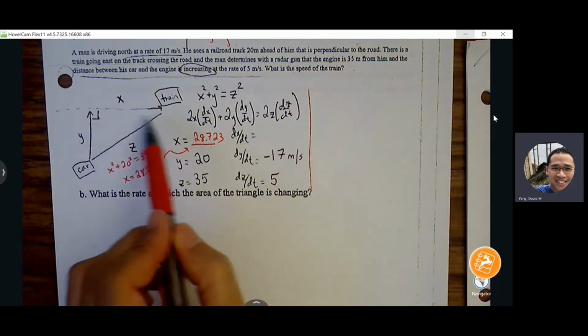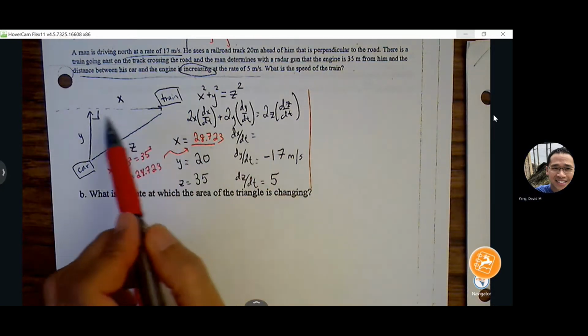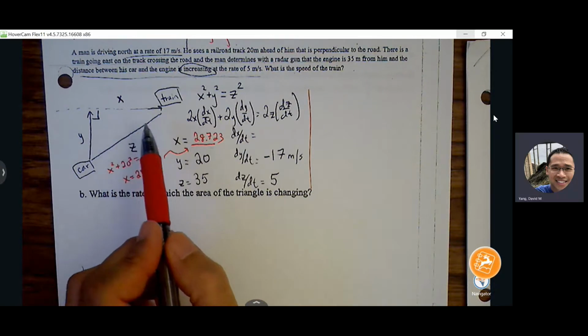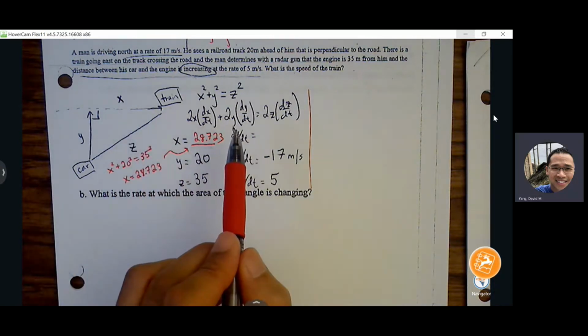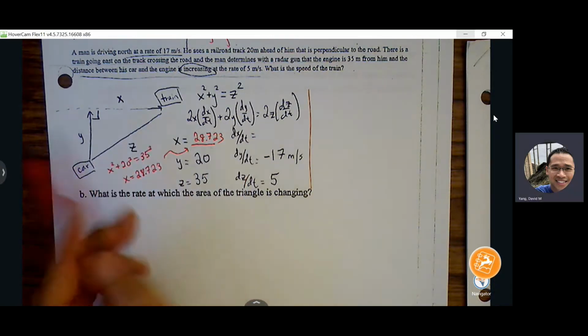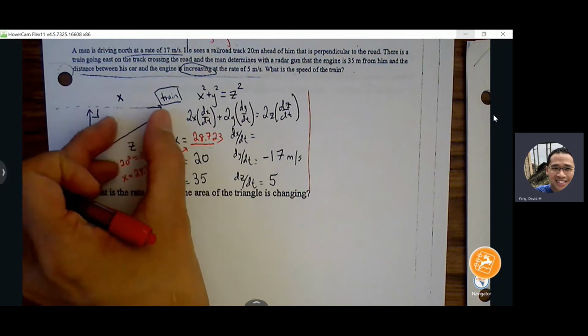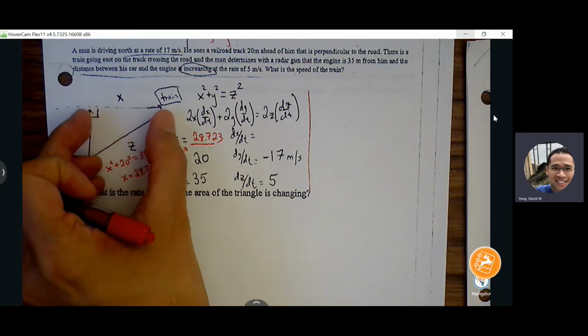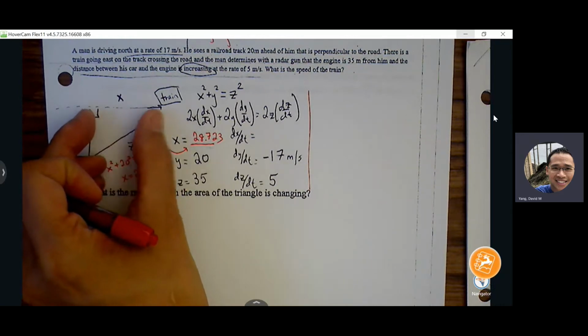And what do you expect out of dx/dt? Positive or negative? Positive, right? Distance between the train and the intersection is going to be increasing over time.